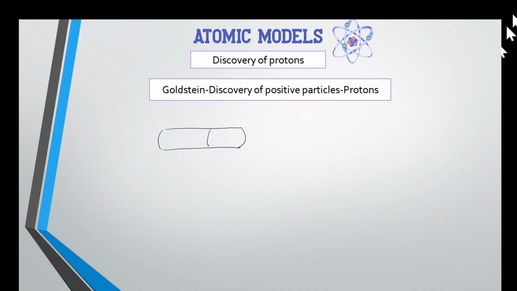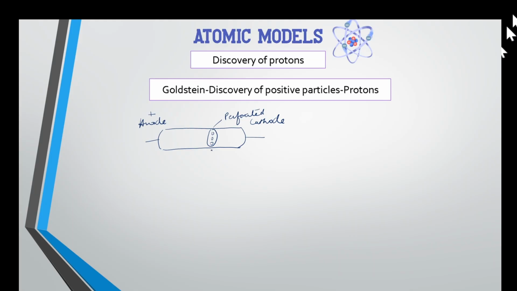In this modified cathode ray tube, he had placed a perforated cathode with holes. This was the anode, the positive end. This was the perforated cathode, and again electric current was passed.